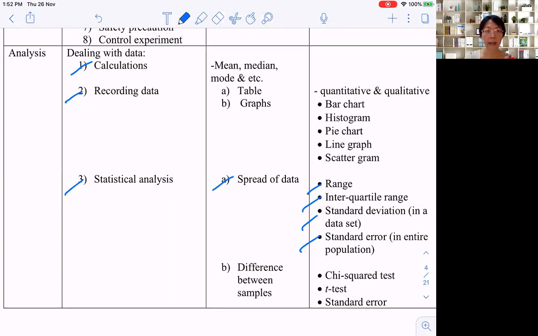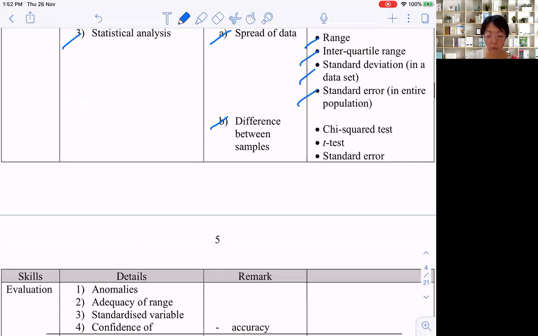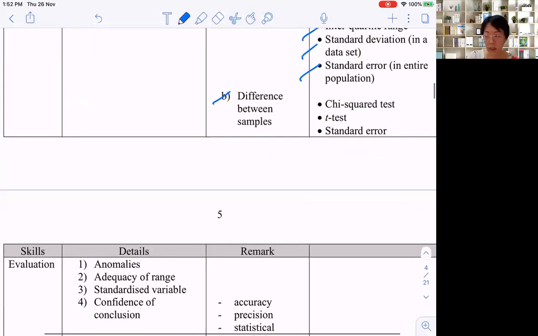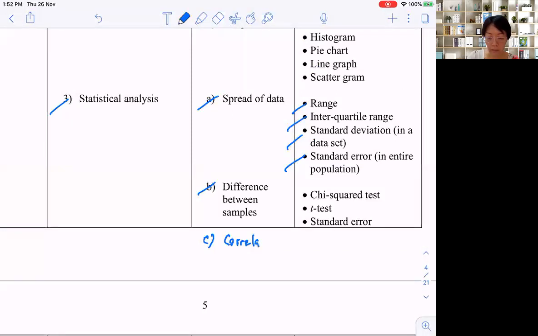Then, of course, in the next lessons, we're going to learn statistical analysis for the differences between samples, whether they're significantly different or not. Okay, and there's one more thing I want to add in C, which is the correlation. Are there any correlation between the samples? Correlation between samples. So please add this into your notes. Okay, you're going to learn this in future.